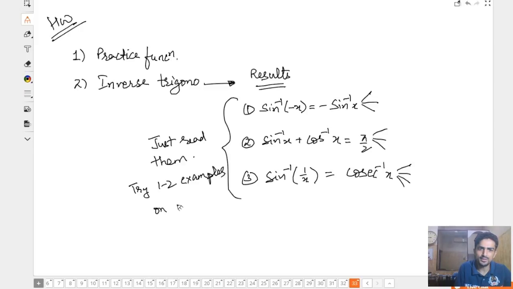You might not be able to understand, but my point is, if you do that, you will realize what is the difficulty you are facing while doing the questions. No proofs required. Just read them as a result, as formulae, and try 1 to 2 solved examples on them, so that when in next class I do that, you may appreciate it.